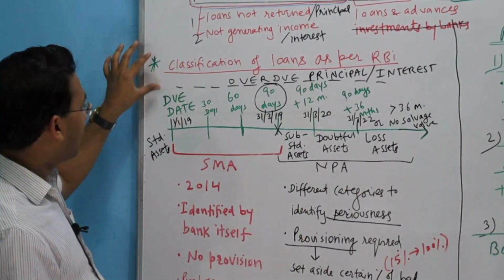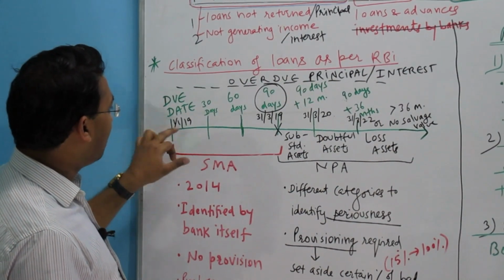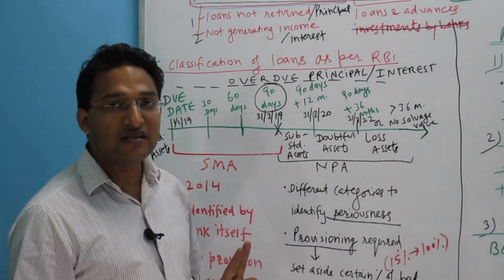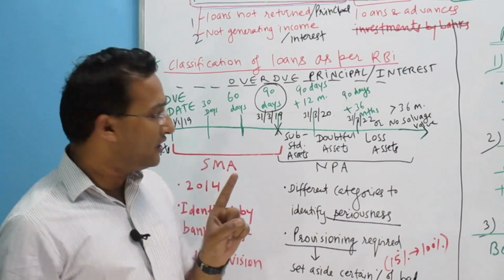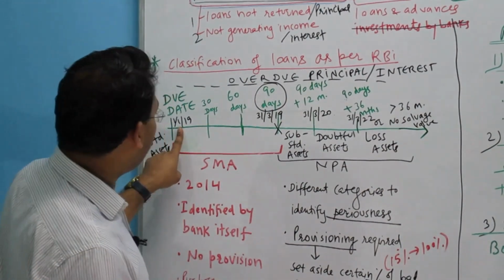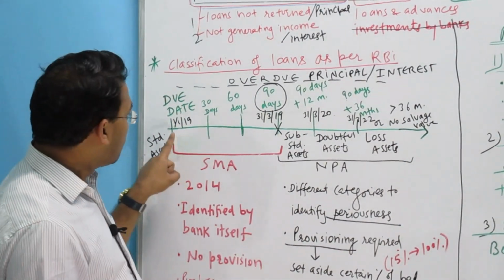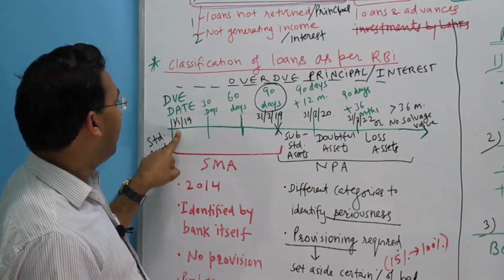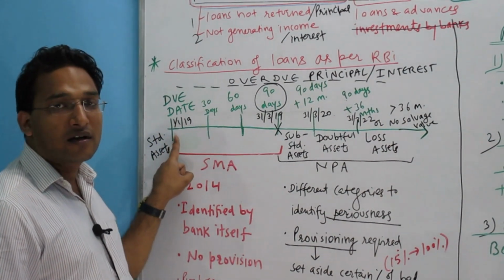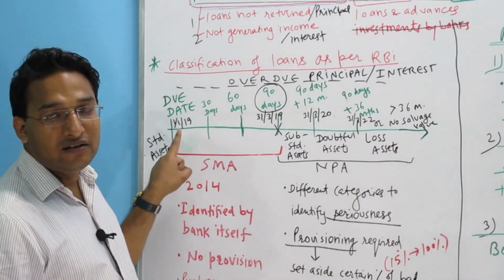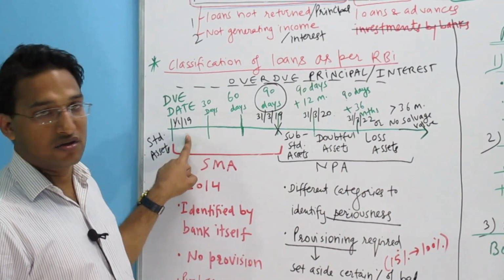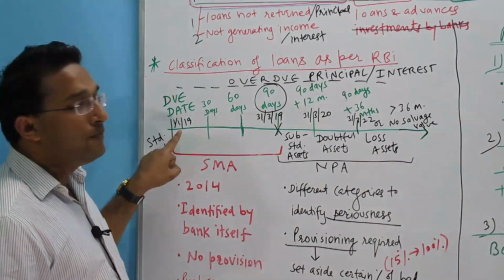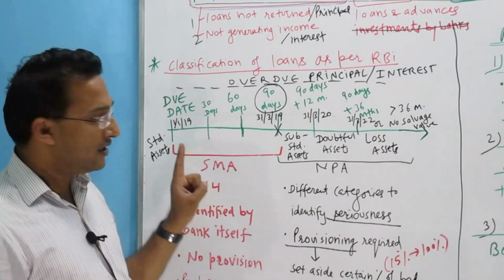Now let us see an example. For example, the due date is 1st of January 2019. The principal or the interest installment is due on 1st of January 2019, right? After 1st of January 2019, if the customer is not paying, then this is called an overdue loan account. A loan account being overdue does not mean non-performing asset.